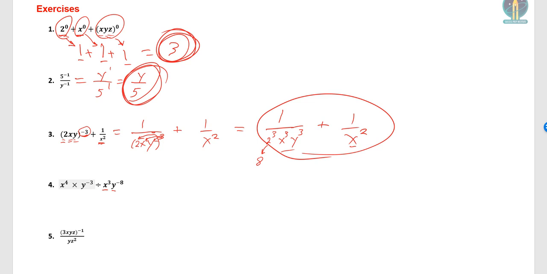We can rewrite this initial part so it looks similar. We don't need the multiplication sign; it's already assumed if we put both of these items next to each other, that they're multiplied. So x to the fourth, y to the minus third, and then divided by x to the third, y to the minus 8.